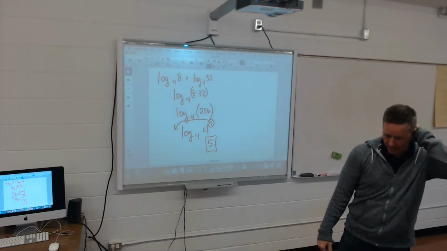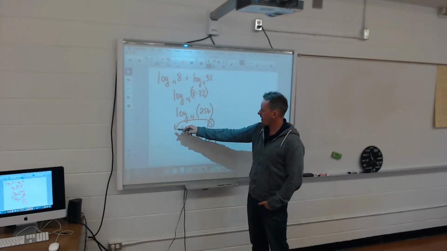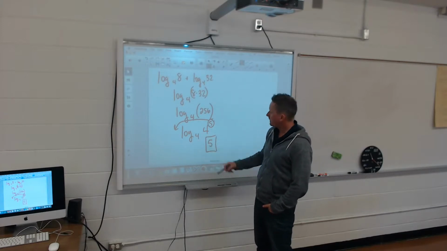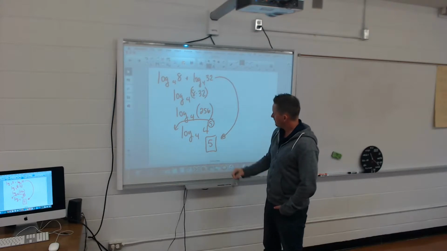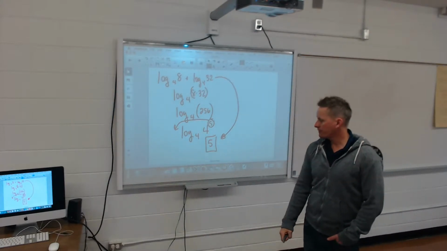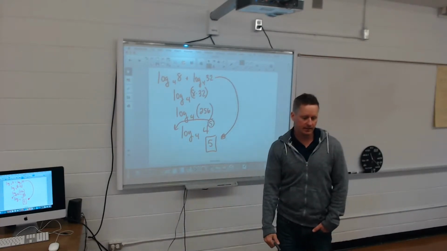So I'm going to get log of 4 to the base 5, move the 5 to the front. Log of 4 to the base 4 is 1. 1 times 5 is 5. So this whole expression, if I write it as a singular logarithmic function, I can get it all the way down to equaling 5 in this case.